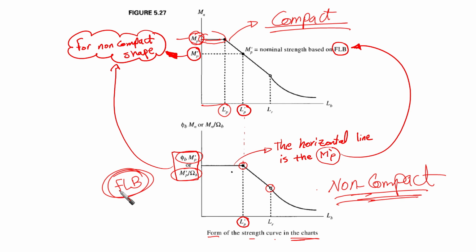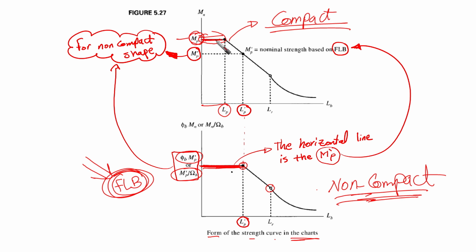If the shape is non-compact, it means the flange is the portion of the shape that is non-compact. This means that the horizontal line never would reach the plastic moment, because it's a non-compact section. So take care of this. In the curves or charts, you're not going to distinguish whether the horizontal line is MP for compact or flange local buckling.